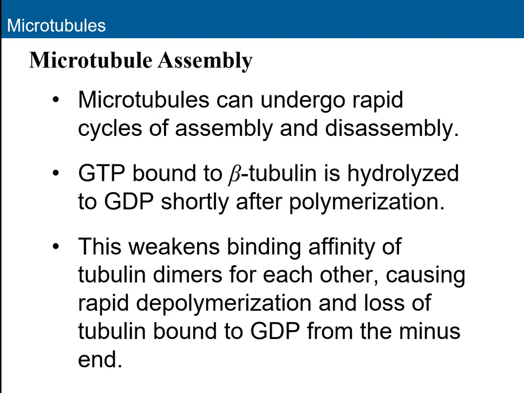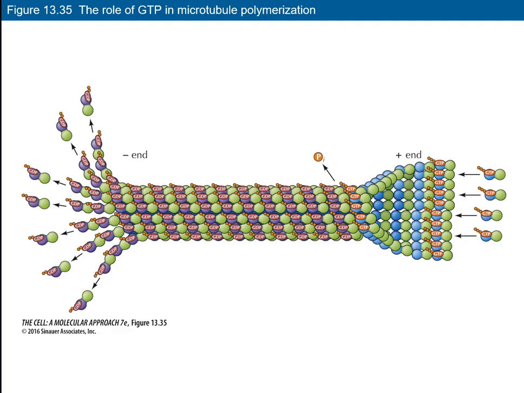Okay, so now let's talk about the assembly and the disassembly. So again, GTP and GDP are going to affect binding, okay? So let's look at a picture. So again, this is pretty much describing what's in this next picture here, okay? And again, similar to what we talked about with actin. So if we're talking about microtubule polymerization, you look at the plus end versus the minus end, right? You can see that growth is occurring at the plus end.